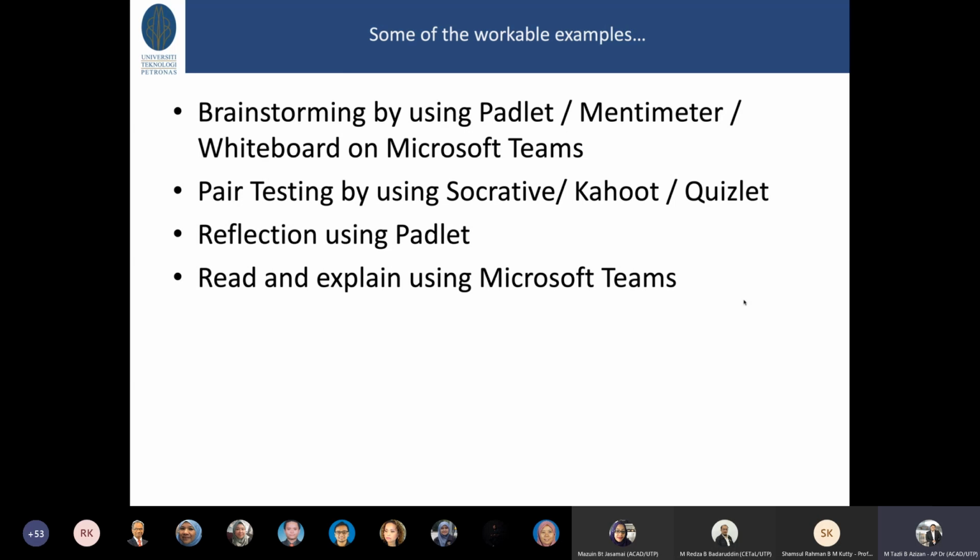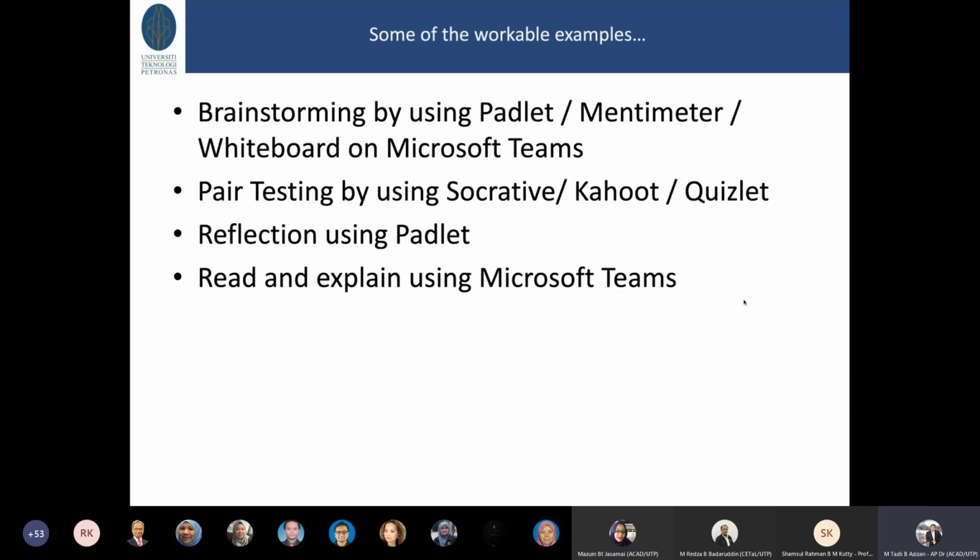If you want to conduct pair testing, we can use tools such as Socrative or Kahoot or Quizlet. I think the most important part is being creative enough to allow the students to do activities where they have to think on their own first, and then connect with friends or peers, and then respond together in the platform or the apps that we provide for them.